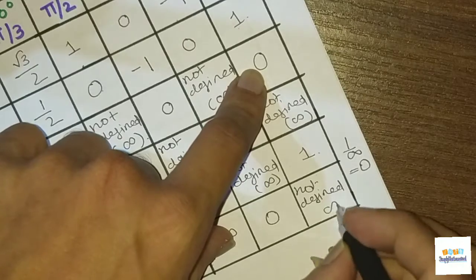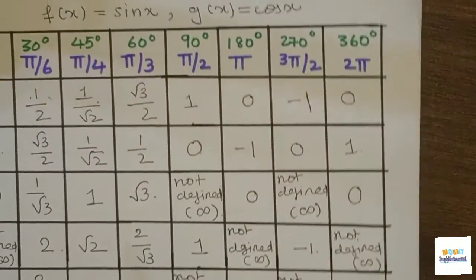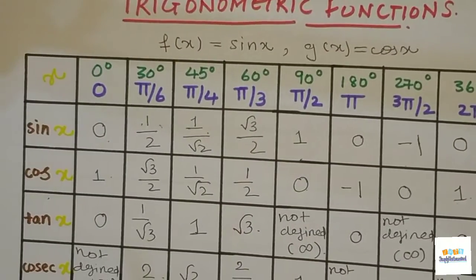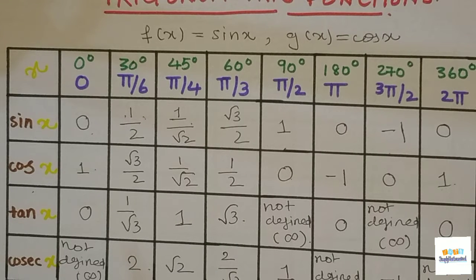So this is the table that you will get for the values of the trigonometric functions at some values.